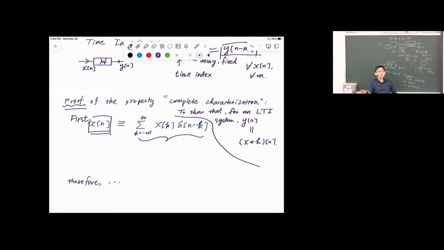For any signal x, I claim to you that x can be written as a summation of delta impulses, each scaled by the height of x at that time.